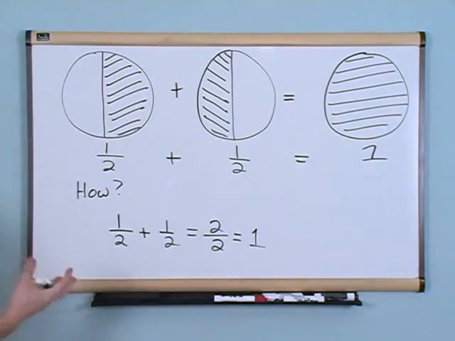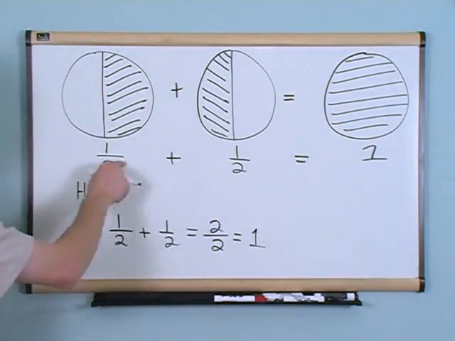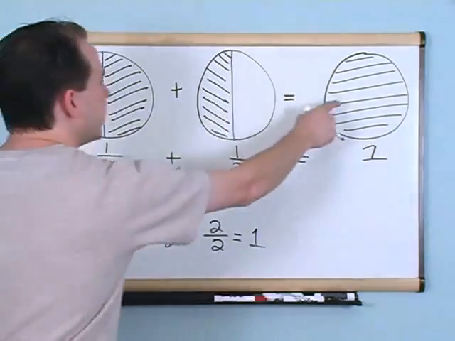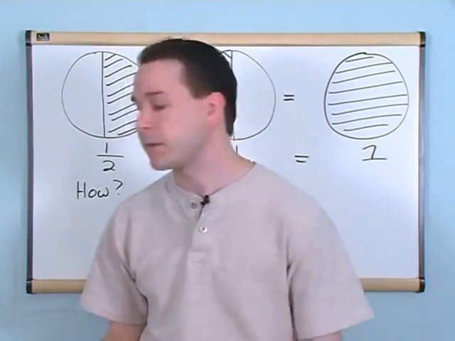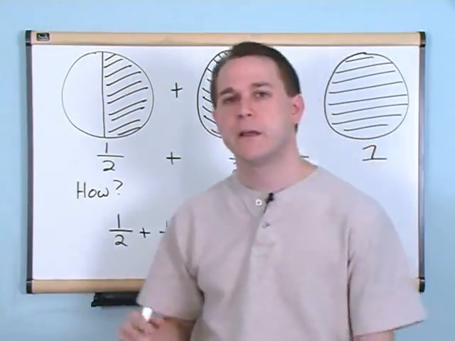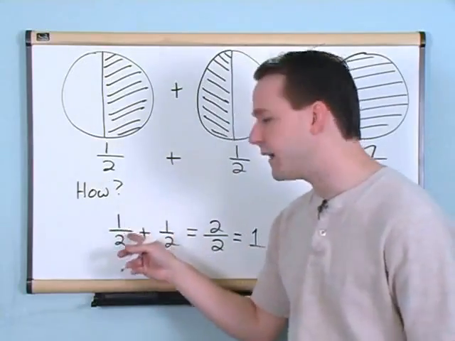Okay? Fractions, even though I've been talking about them in terms of pie, are just another way of saying division. Here when I have 1 over 2, really what it means is 1 divided by 2.